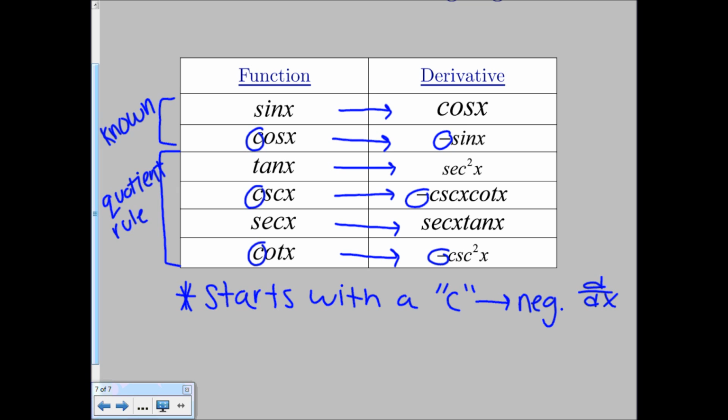Okay, and you can also see that they kind of pair up with each other. So we knew that the derivative of tangent of x here was secant squared. In other words, the derivative of sine of x over cosine of x just turns out to be 1 over cosine squared of x.